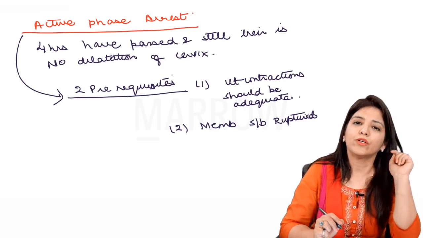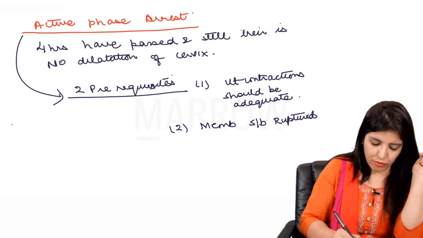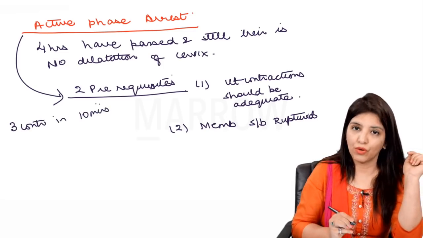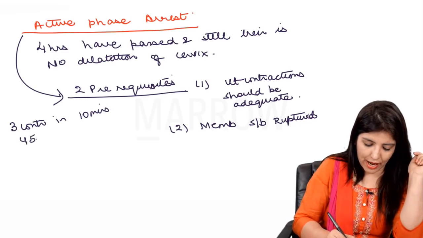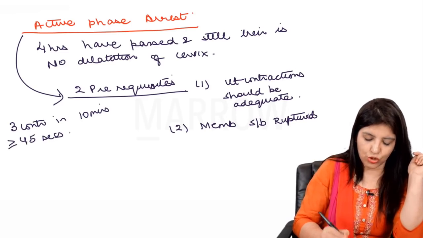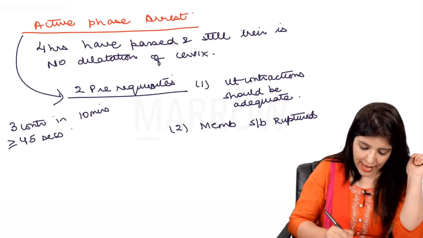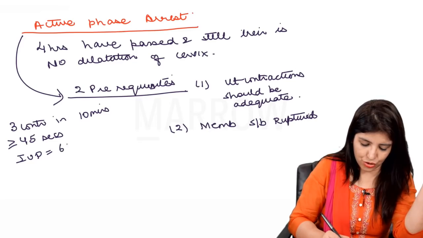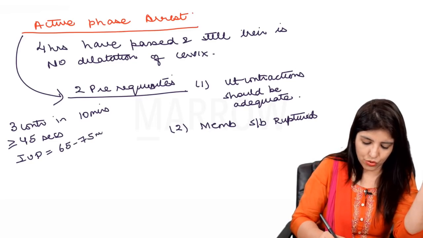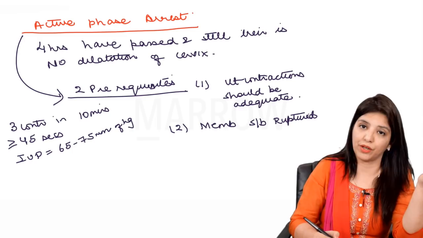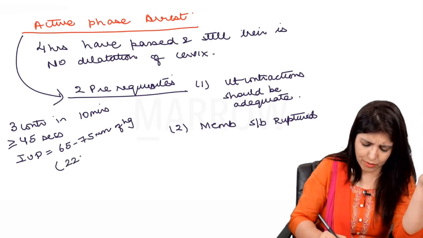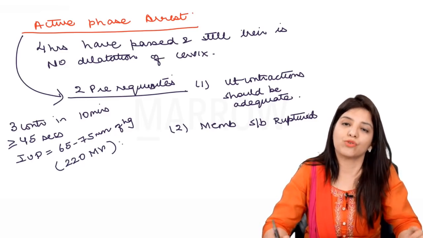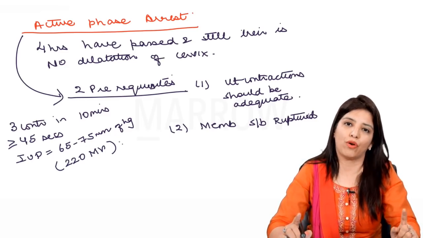Adequate contractions means 3 contractions in 10 minutes, each contraction lasting more than or equal to 45 seconds, and the intrauterine pressure during the contractions should be 65 to 75 millimeters of mercury. In other words, approximately 220 Montevideo units. So that is how you define adequate uterine contractions.